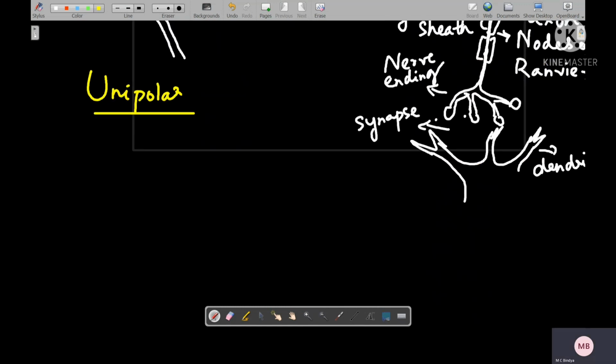Next is unipolar neurons. Unipolar neurons means the cell body or the cyton will have only one pole or only axon.